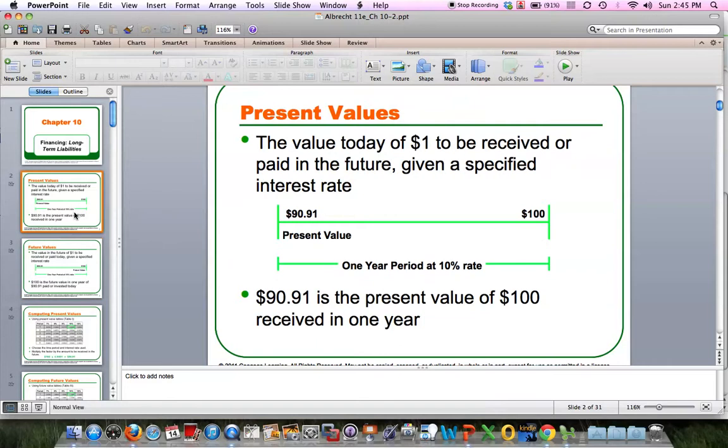That's one way to think about it. Or the present value of $100 to be received in a year is $90.91 today. Either way, you know that $100 a year from now is not worth as much today because of interest. If I have a smaller amount today, and I put that aside and receive a certain return on that, it's worth more in the future.